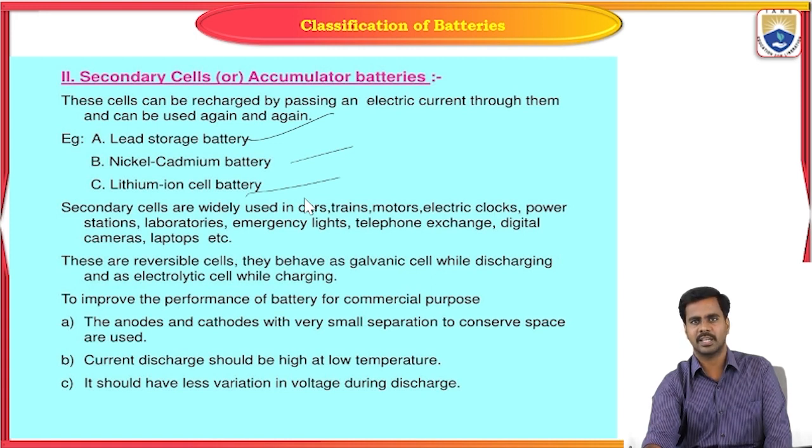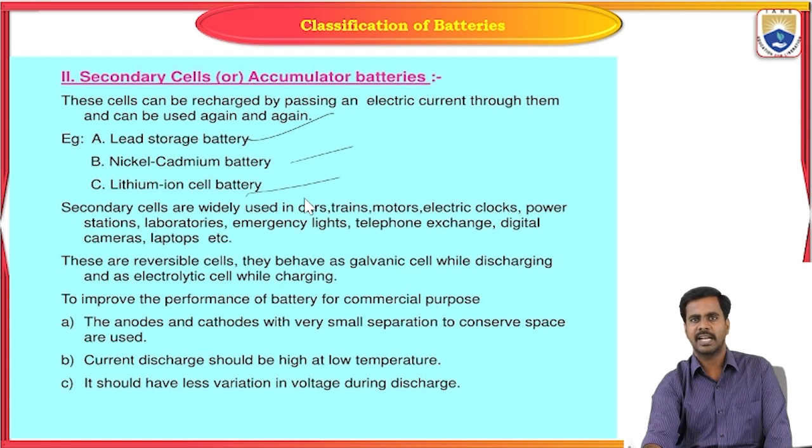Both types of reactions are possible. That is discharging and charging. During discharging, the secondary battery acts as an electrochemical cell. During charging, the secondary battery acts as an electrolytic cell.